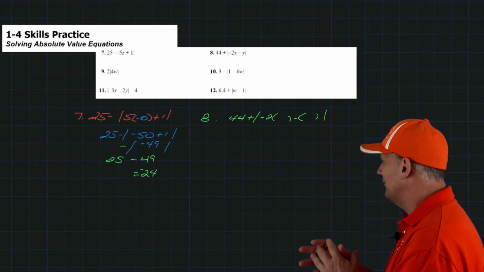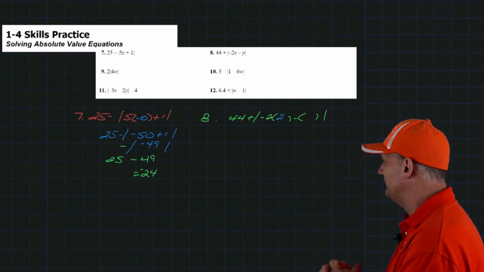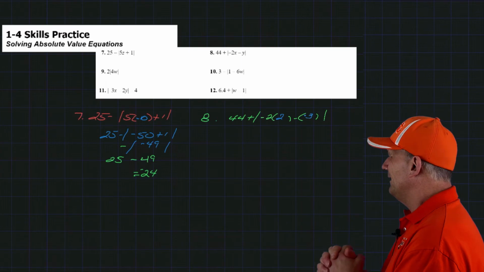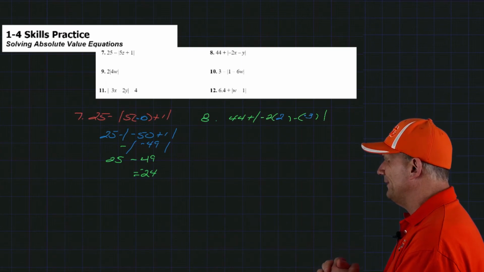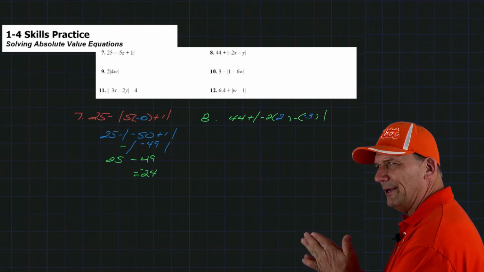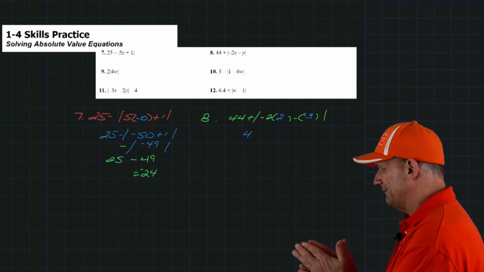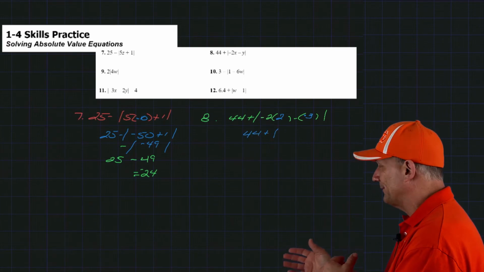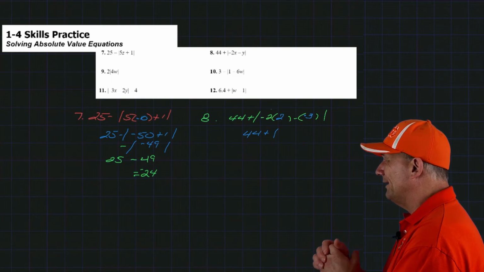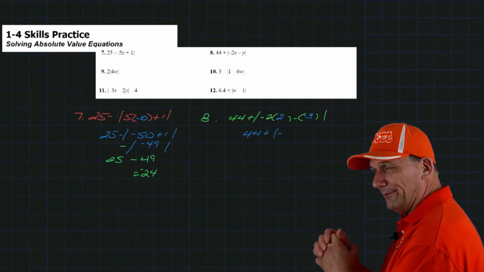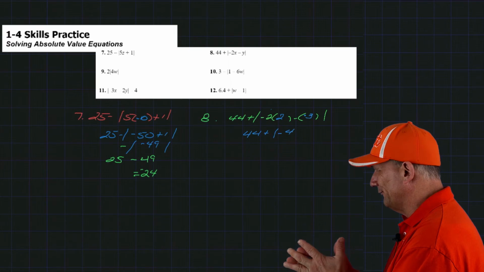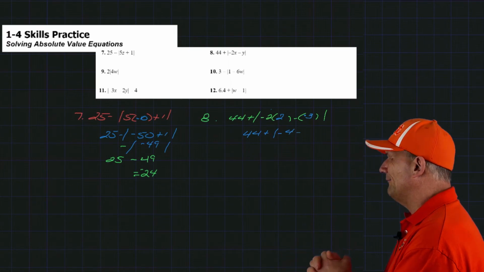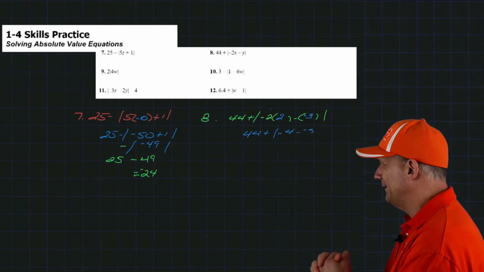So let's go ahead and substitute in the values, and we have negative 2 and negative 3. So negative 2 times 2 is negative 4, right? Minus a negative 3 is adding 3. That's what that means. So negative 4 plus 3 is negative 1. And then we have 44 plus a negative 1.